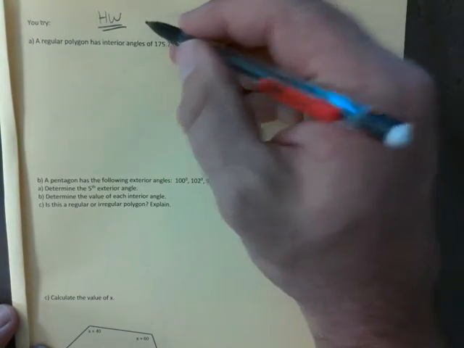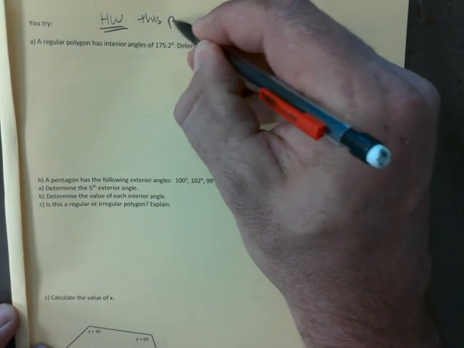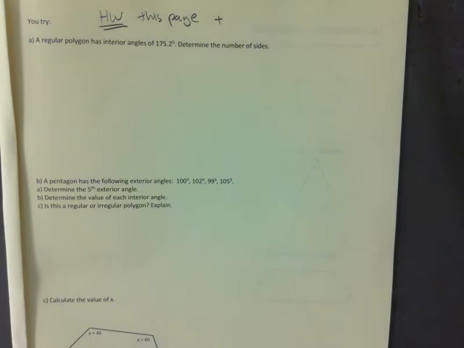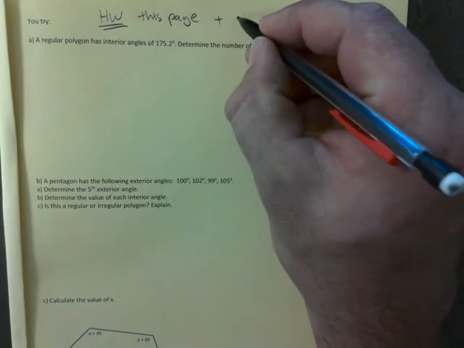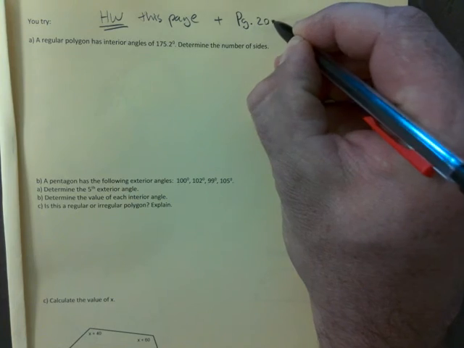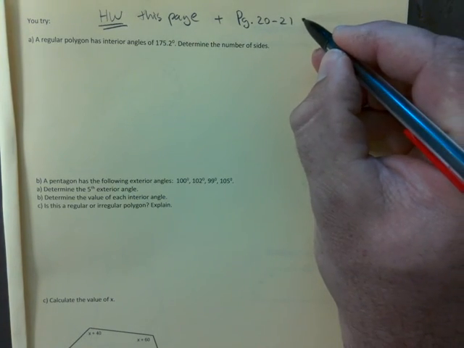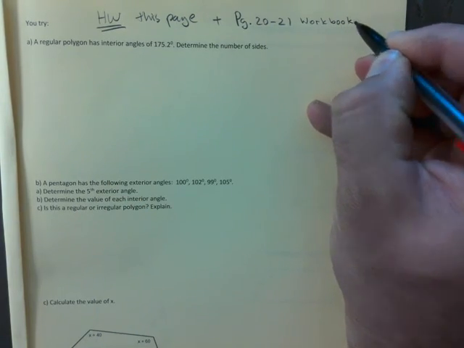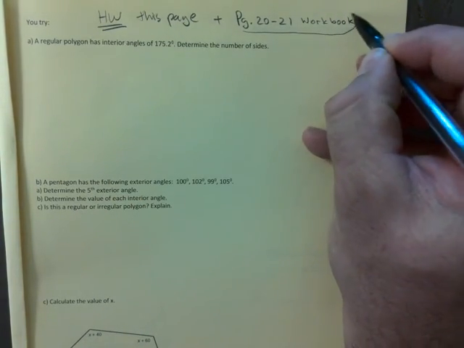So this page, plus in the workbook, I'm just going to flip through the workbook real quick. There are some that are going to start, page 20 to 21 in the workbook. Try those, and I'll show you real quick what they look like.